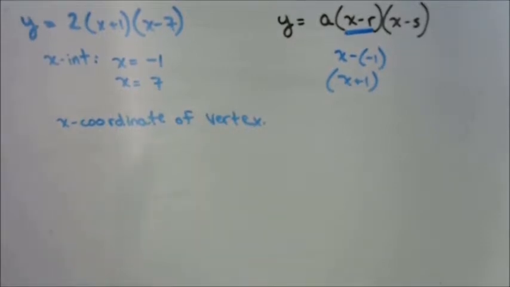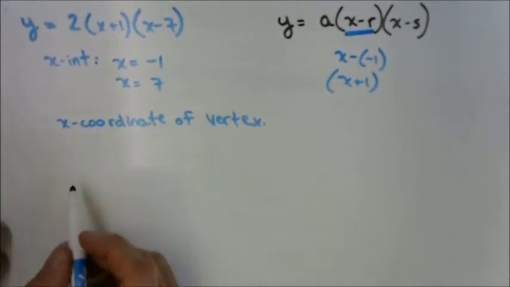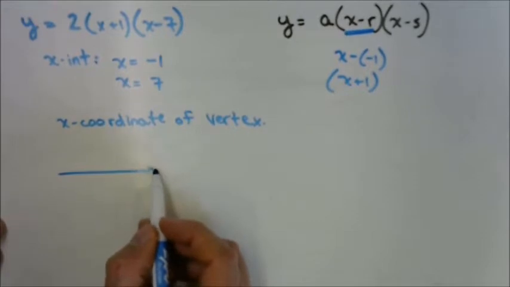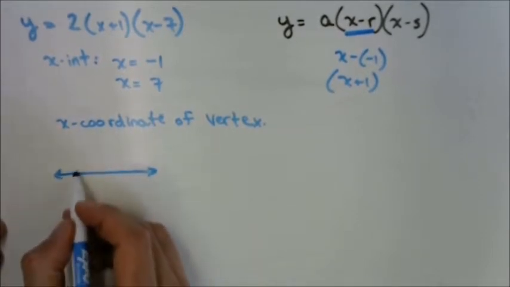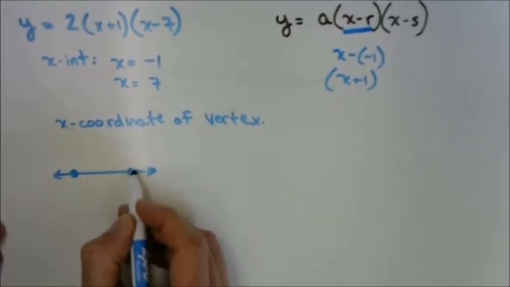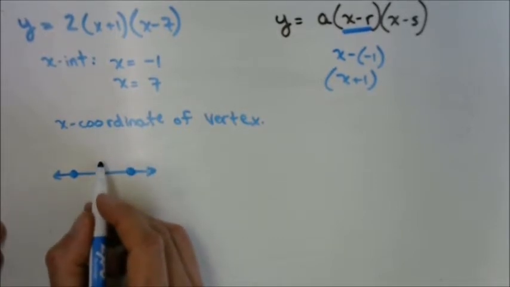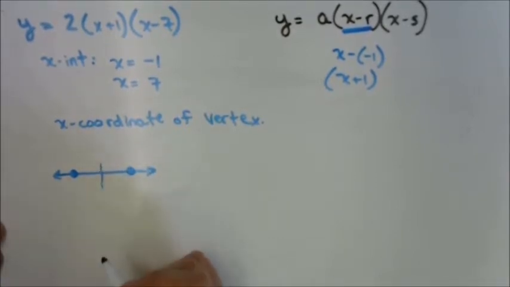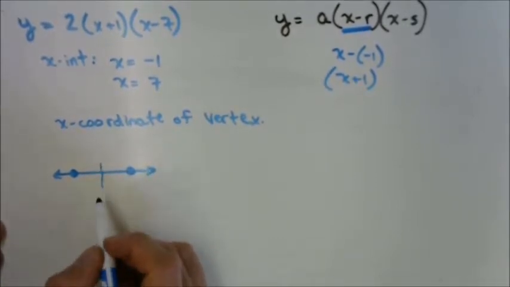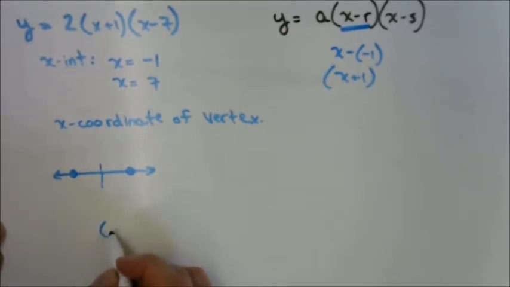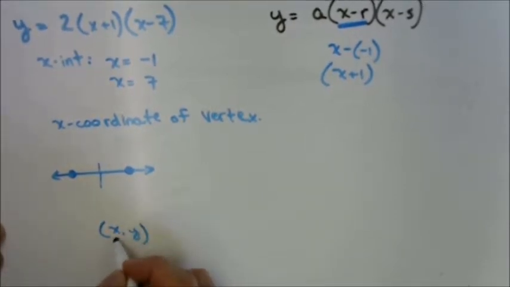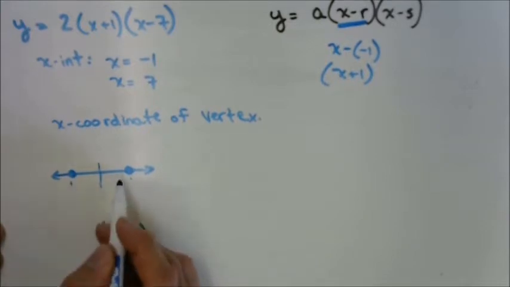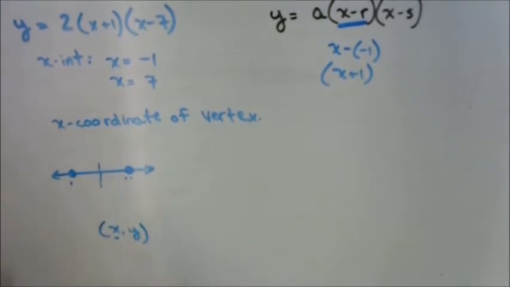And I know it's symmetrical, right? So if I draw my x-axis here, and I have an x-intercept here and an x-intercept here, then my axis of symmetry is going to be right here. So all I need to do to find the x-coordinate of my vertex is take my x-intercepts and find the average of them.